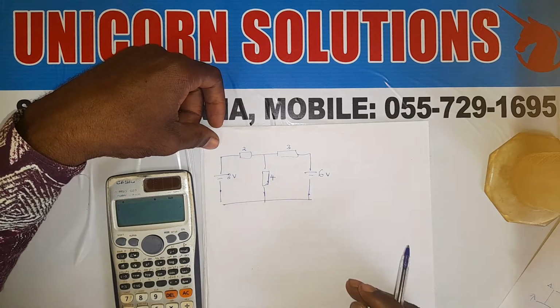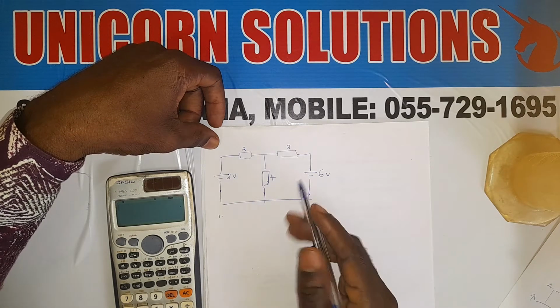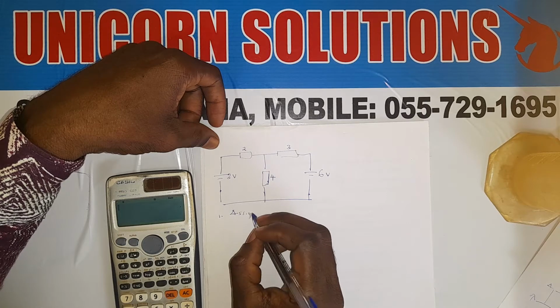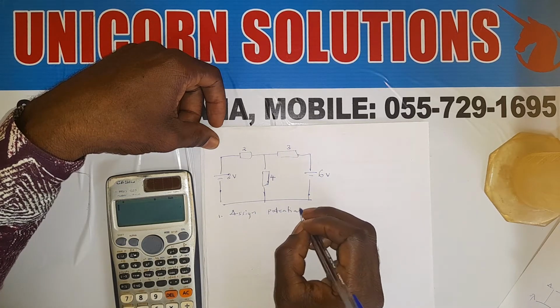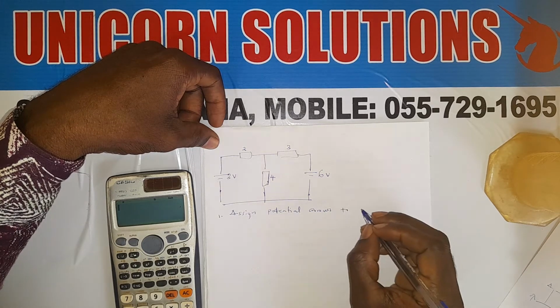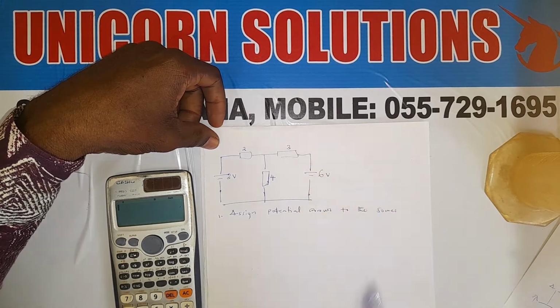So let's state the rules. Rule number 1 says that when you have a circuit like this, first of all, assign potential arrows to the sources that you have.